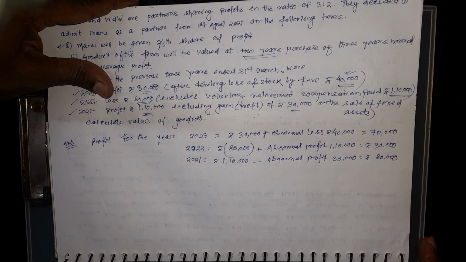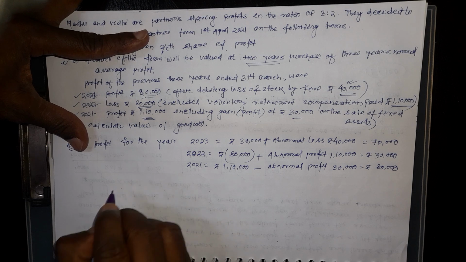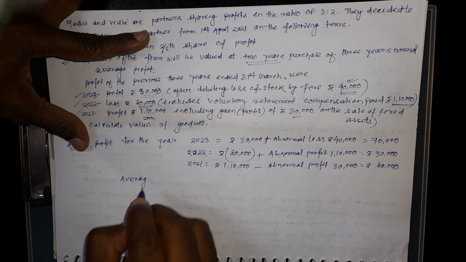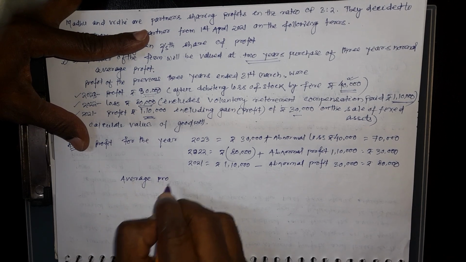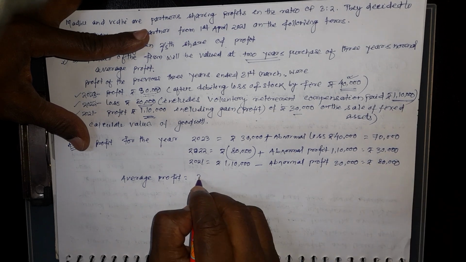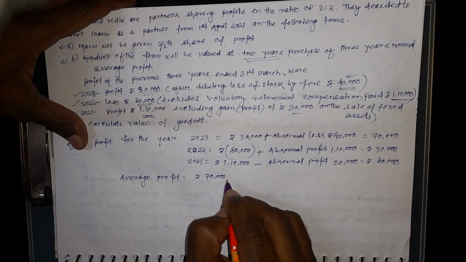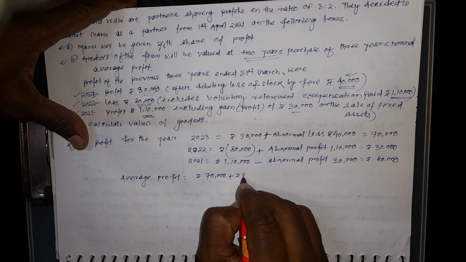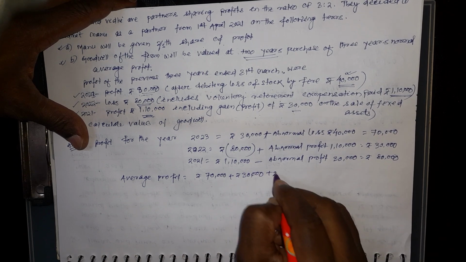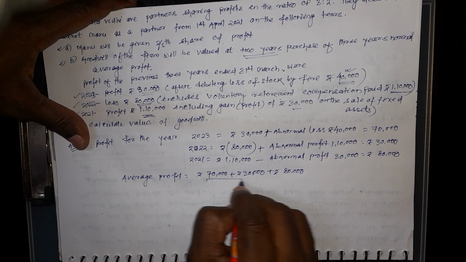So now after getting the profit of 3 years, we will find the average profit. Average profit equals: you have to add the 3 years profit, 70,000 plus 30,000 plus 80,000, divided by 3.